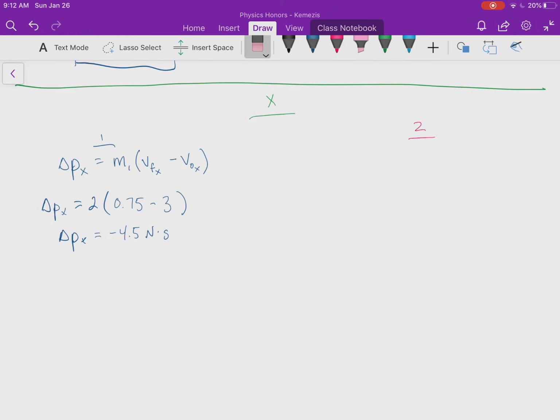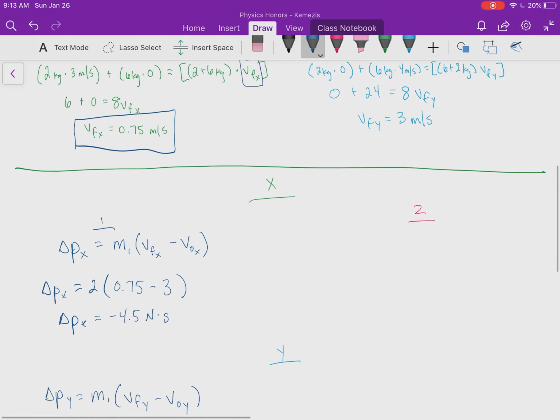So that's the x information. Let's stick with object 1, and we'll talk about the y information for it. The change in momentum in the y direction of this first object is going to be its mass times Vfy minus V naught y. The mass is 2 kilograms.